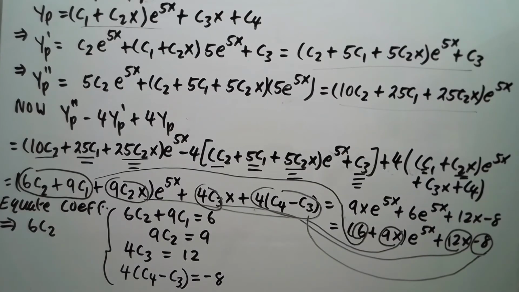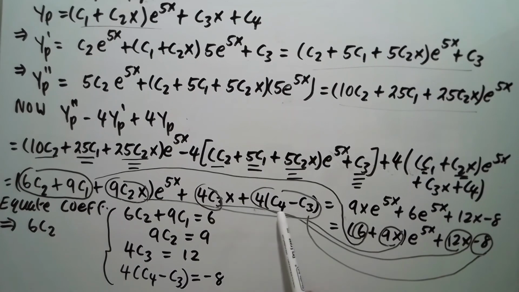Okay, so equating the coefficients, the 6c2 plus 9c1 must correspond to the 6 over here, so that'll be my first equation. Then the 9c2x, that's the coefficient in front of the x over here, so the 9 would have to correspond to the 9c2. That's my second equation. Then the 4c3 guy would have to correspond to the coefficient in front of the x over here, so 12.